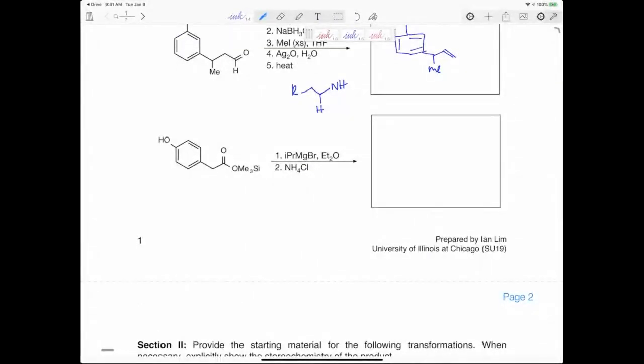Who here says that this is the answer for number 4? Anyone? Just show of hands if this was your answer. Why is it not right? Because, yes, the OH group is acidic, right?